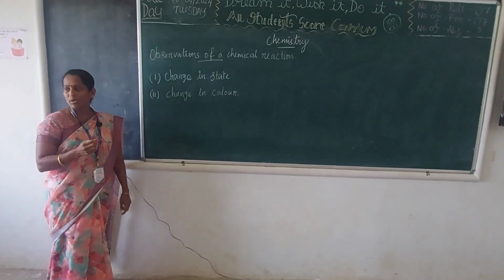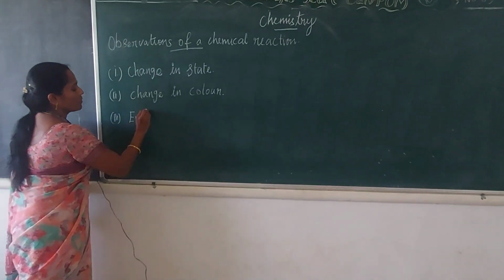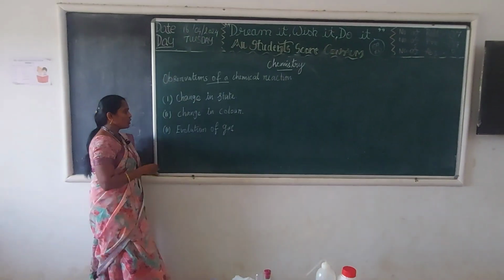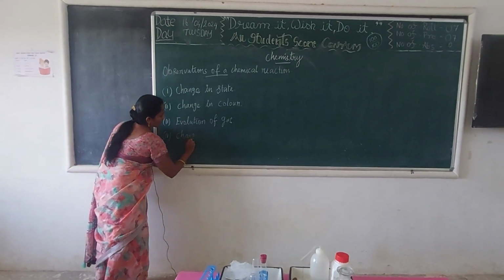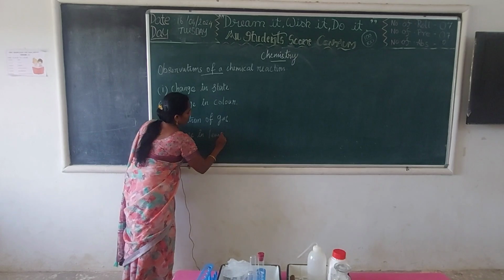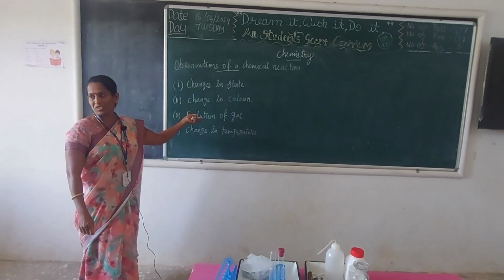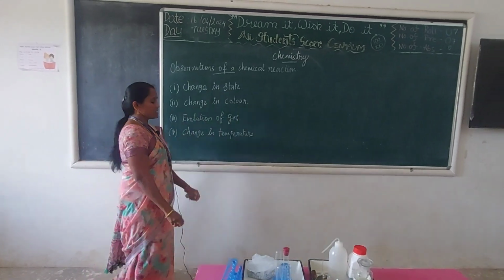Third one is evolution of gas. Fourth one is change in temperature. These four observations will help us to identify the chemical reactions.